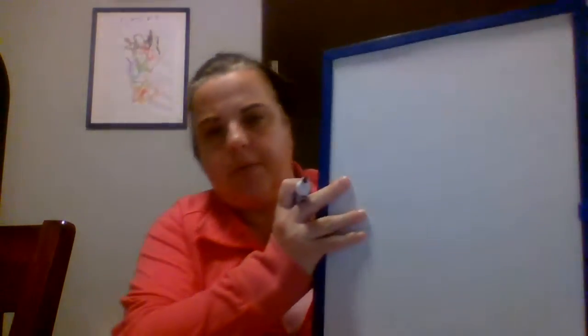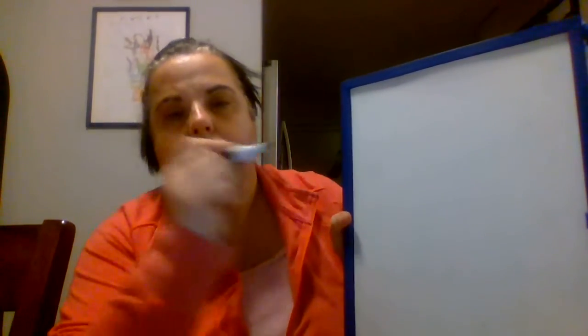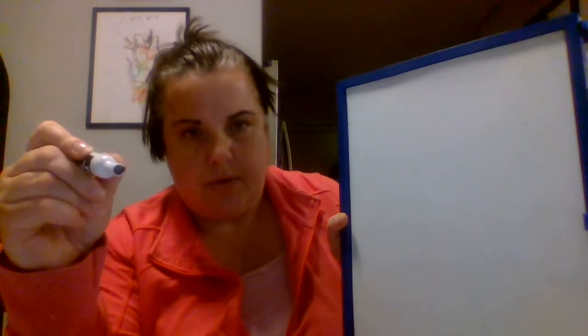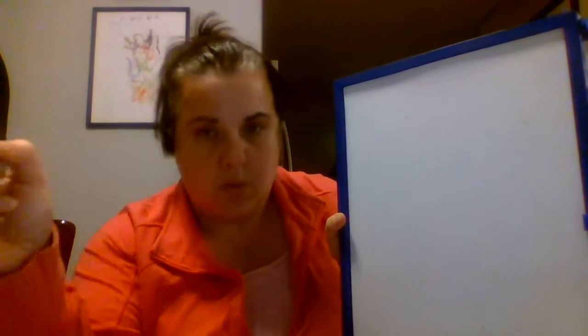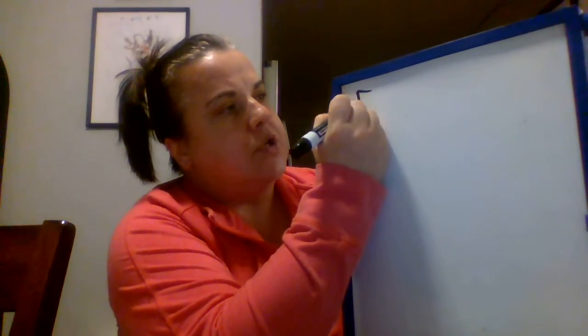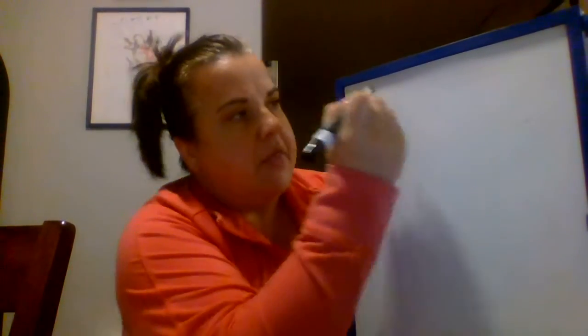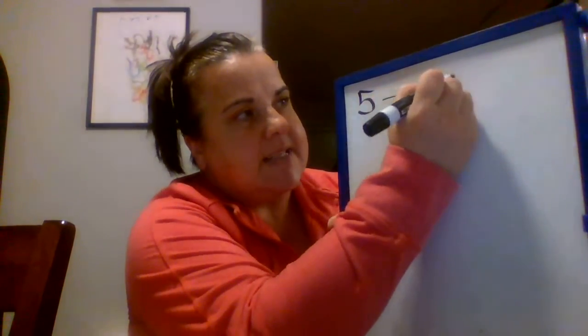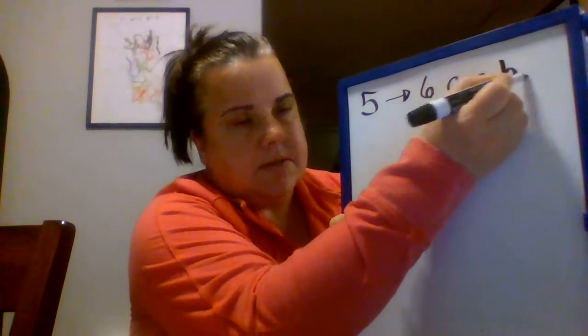So the first thing I want to touch on is the number of combinations, okay? I think I said this in one of my videos from before, but the number of combinations is the number that you are doing plus one. There's that many combinations. So for instance, when you are doing the number 5, there are 6 combinations.